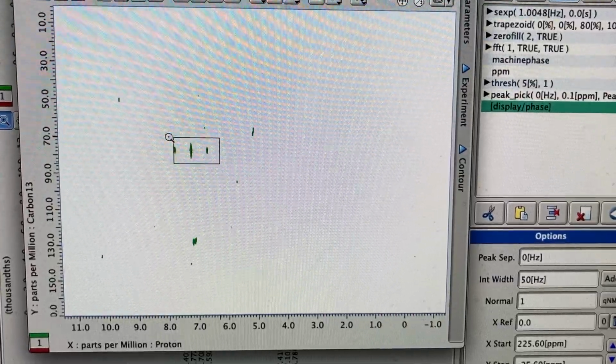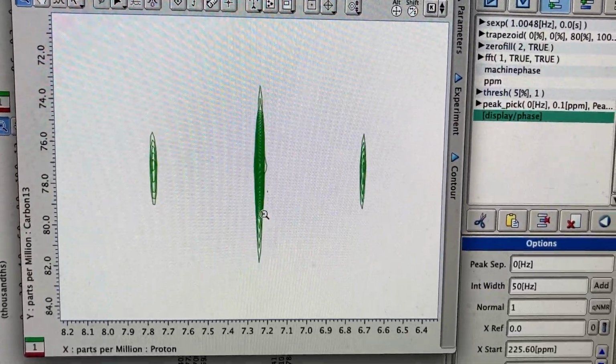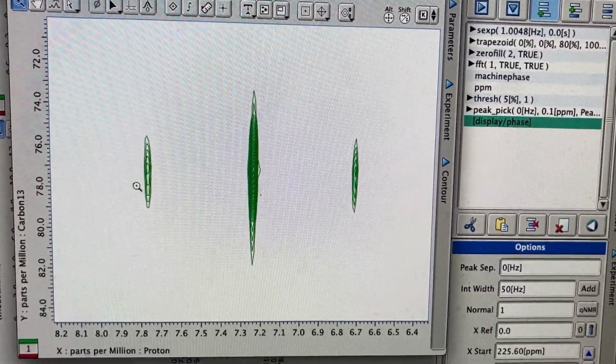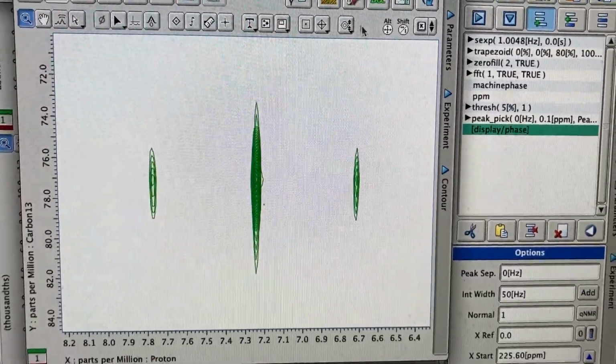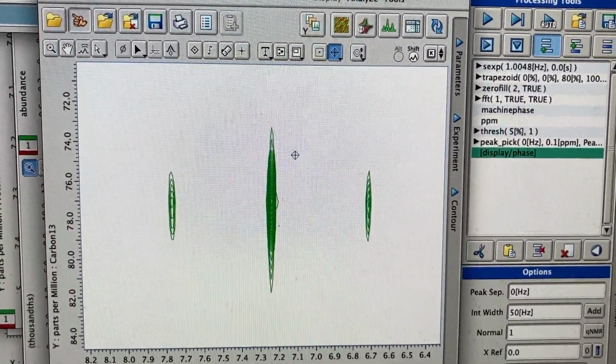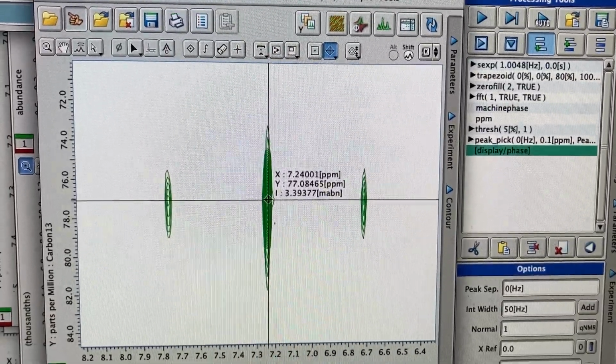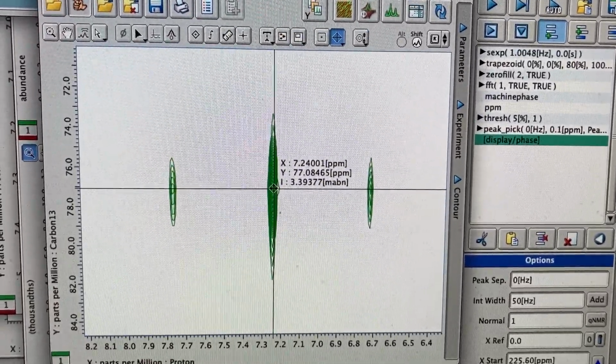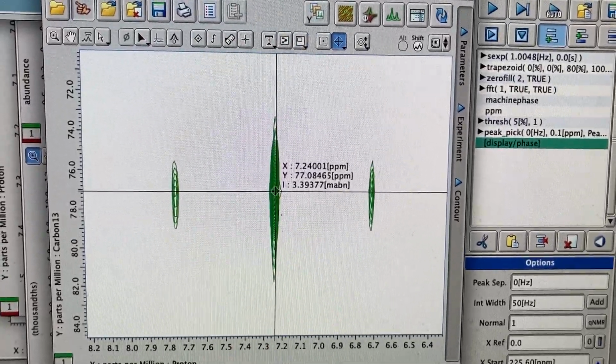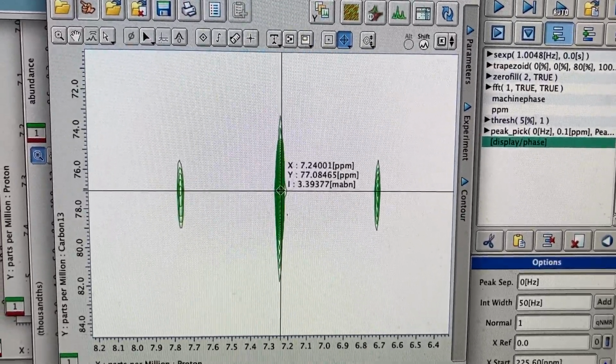So we can maybe zoom in on this region here. So we see some peaks here. This is the deuterated chloroform peak, and I can prove it. You can click here and go there. The X value is going to be your proton, and then the Y value is your carbon. So actually, never mind.